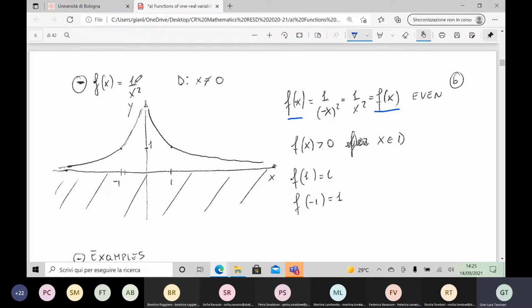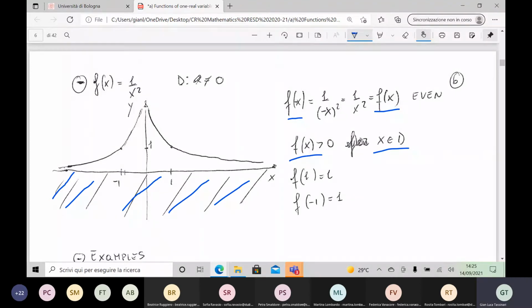A positive quantity divided by another quantity which is strictly positive, independently of the value of x, gives you a ratio which is strictly positive. So you can cancel everything below the horizontal axis, because for sure the graph of this function will lie completely above the horizontal axis. So the function, as I wrote here, is strictly positive for all x belonging to the domain.